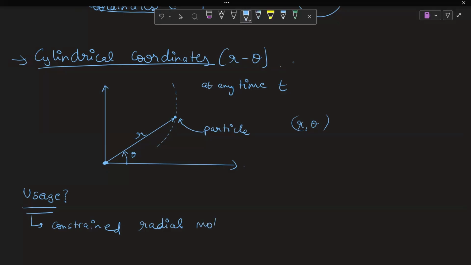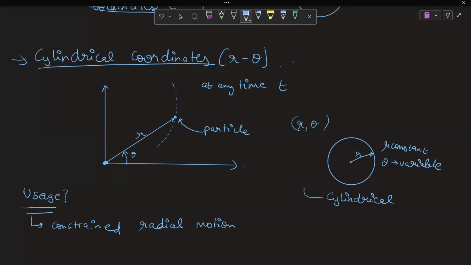For example, let us consider a circular motion. Here r is constant, however theta is variable. But we can consider it as a cylindrical coordinate system also. So all the questions of uniform circular motion or non-uniform circular motion can be solved by this approach as well.